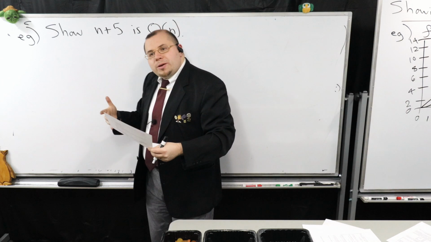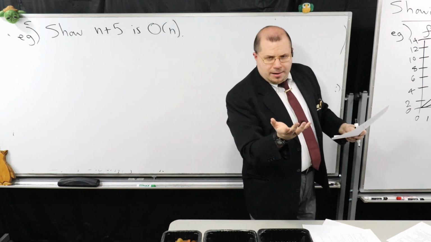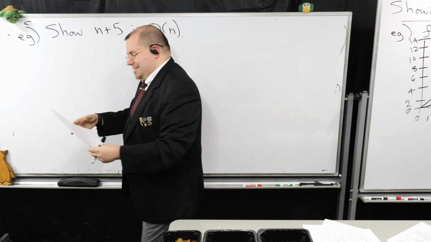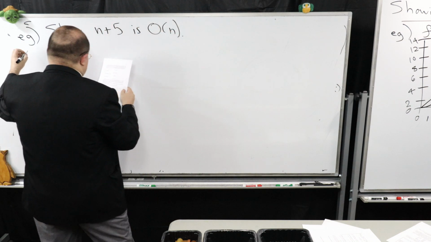So normally when I do this, I lay out a game plan. It's usually a good idea to describe to the reader what you're doing. So that's what I'm going to start off by doing here.